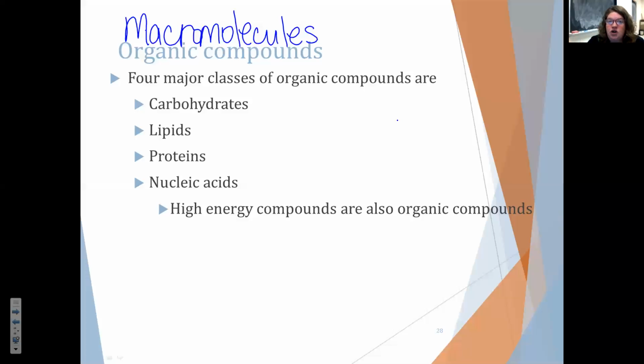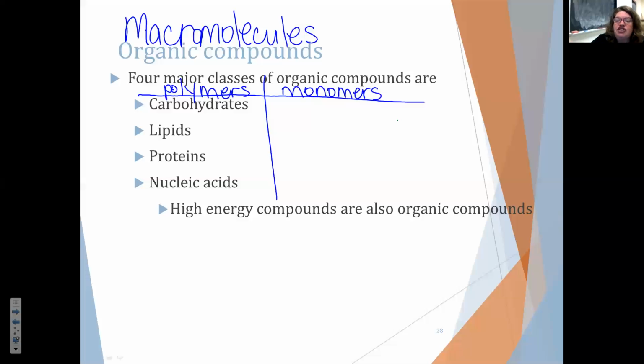They fall into four main classes: the carbohydrates, the lipids, the proteins, and the nucleic acids. And these are like the long polymer chain versions of these. And each of them is made up of single subunits called monomers. And so we can look at the subunits of each of these.